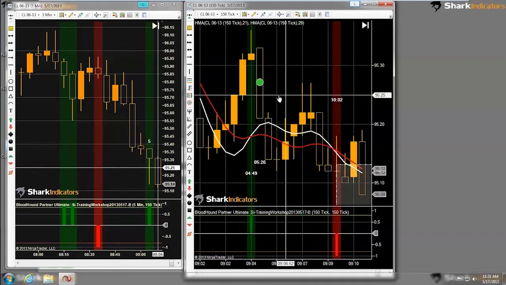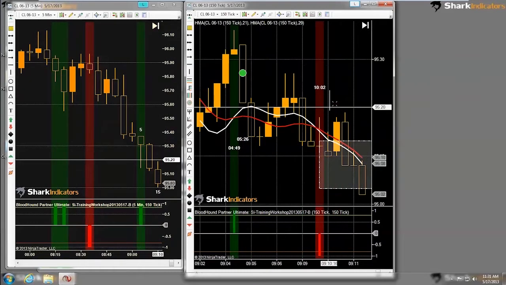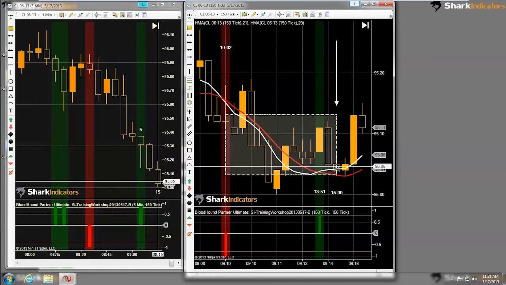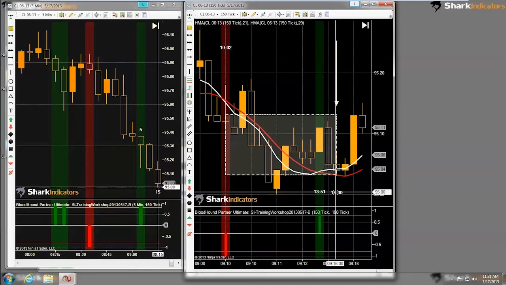But what happened over here was this tick bar closed at exactly 5 minutes when the 5-minute bar closed.